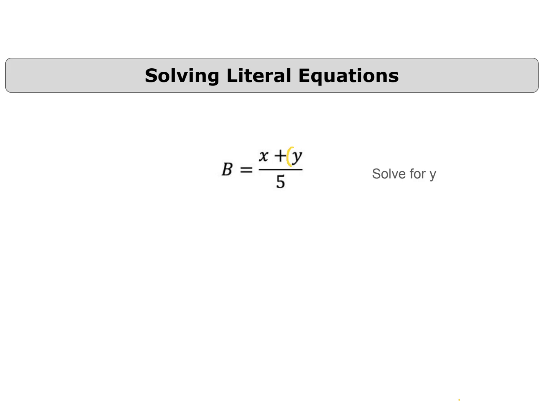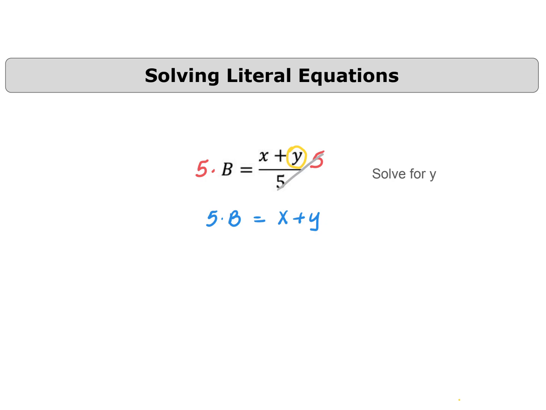So here, to get that y by itself, we want to multiply both sides by 5. And then on the right side, 5 divided by 5 would just be 1. So then we'll have 5b is equal to x plus y.